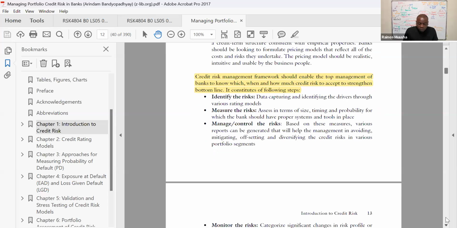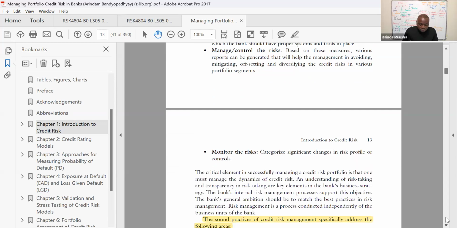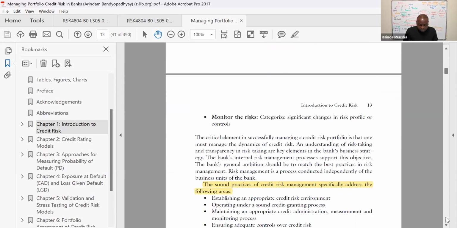Then they also need to manage or control the risks, which is based on these measures. Various reports can be generated that would help the management in avoiding, mitigating, offsetting, and diversifying the credit risk in various portfolio segments. Then you also need to monitor the risk in order to categorize significant changes in risk profile or controls.